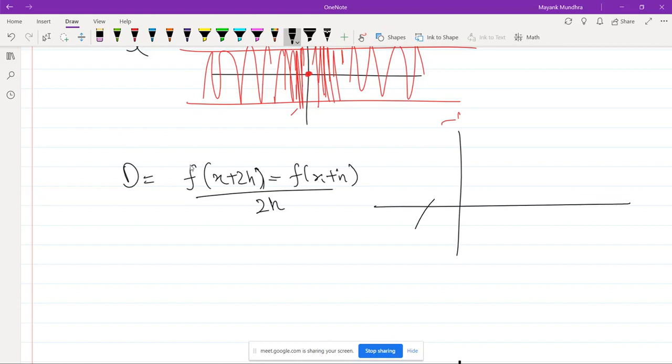Because consider any function, and this is your point x, and this is your point x plus h, and this is, let me extend it a little further, and this is the point x plus 2h.